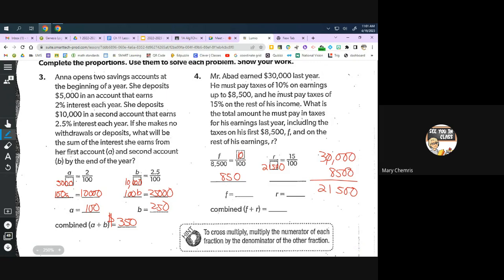So .15 times 21,500, here he pays 3,225. And so the combined together would be $4,075. Okay.